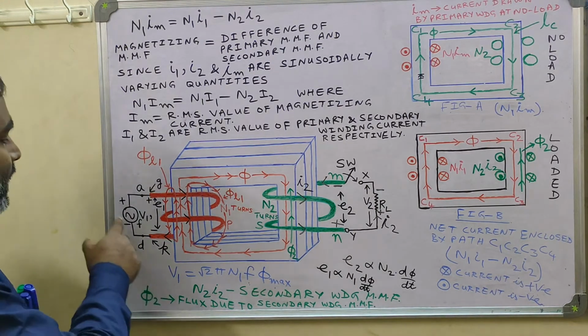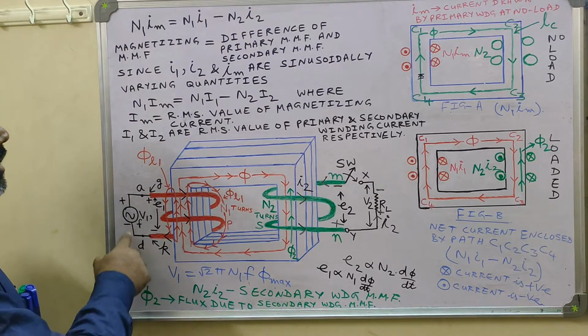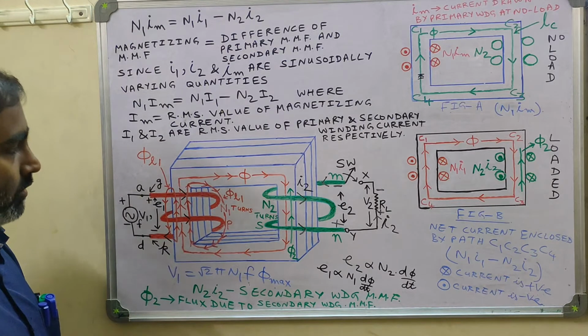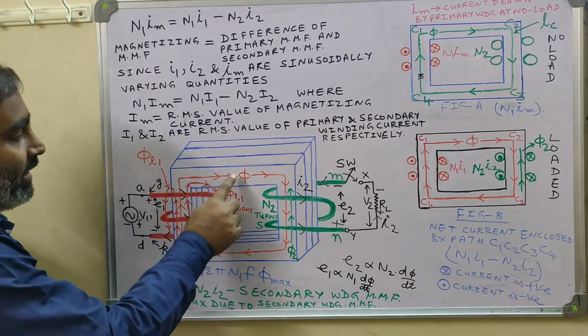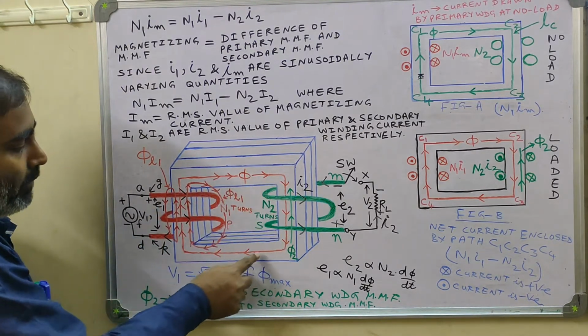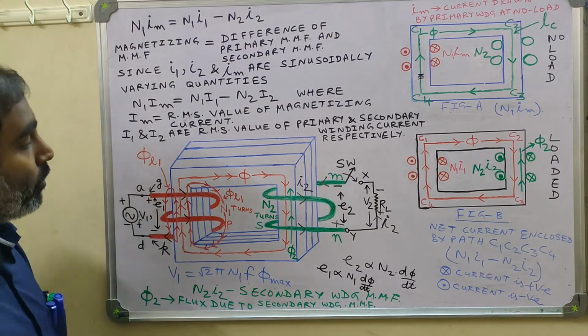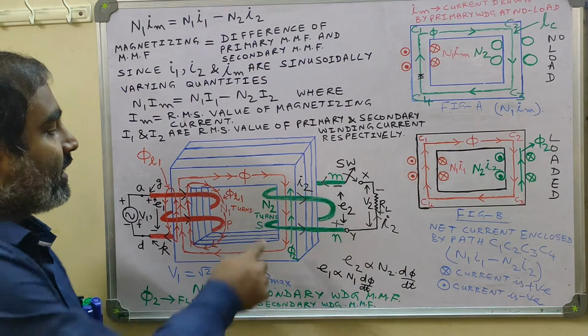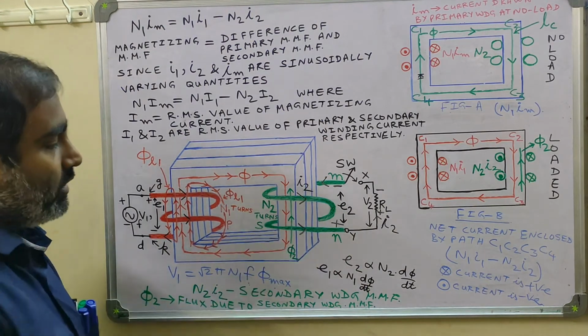That means the applied voltage V1 is sinusoidal, so the current flowing through the primary coil P will be sinusoidal. So the mutual flux phi which is confined in the magnetic core of the transformer will also be sinusoidal. So the induced EMF E2 in the secondary coil will also be sinusoidal.